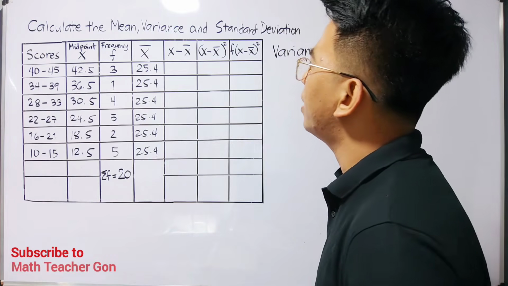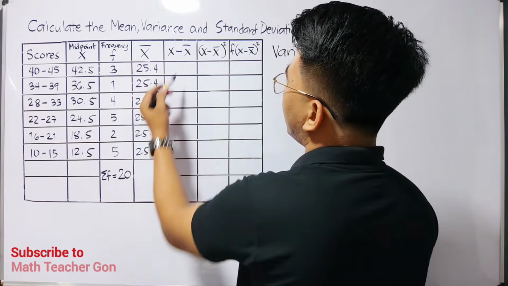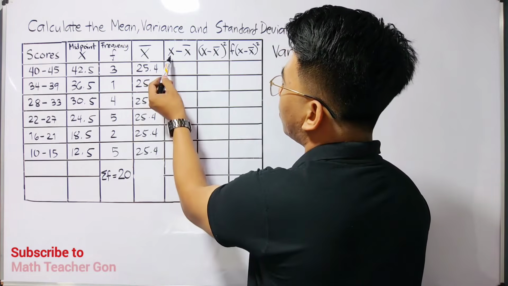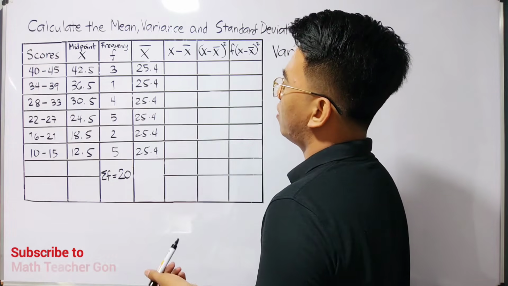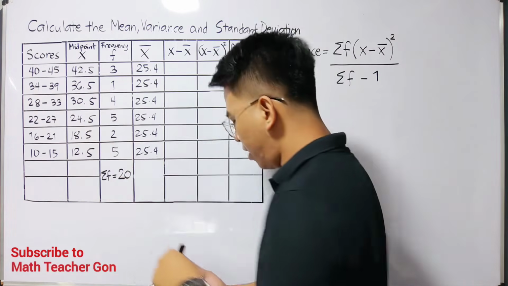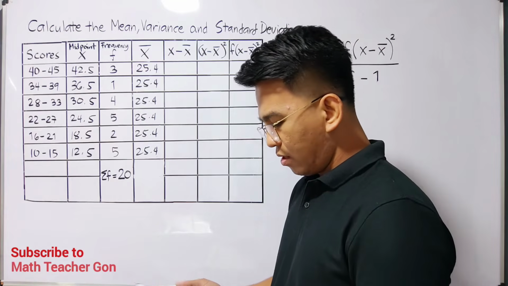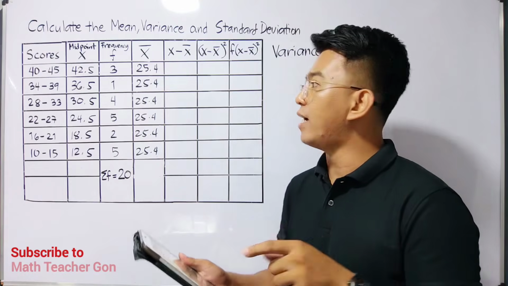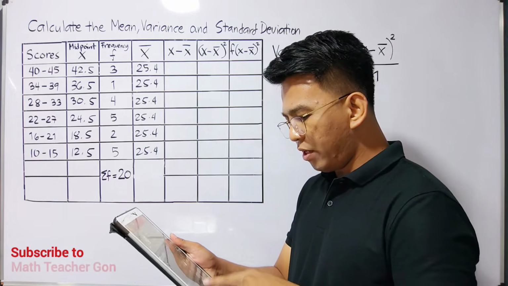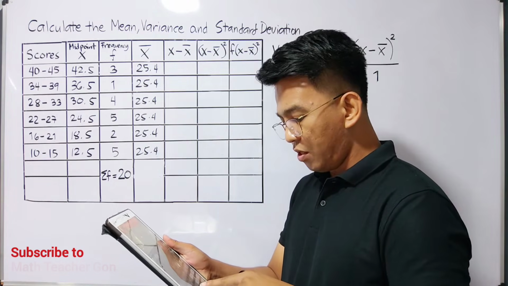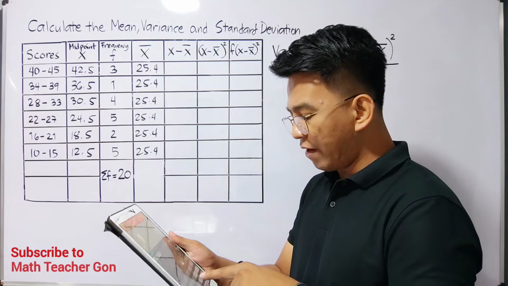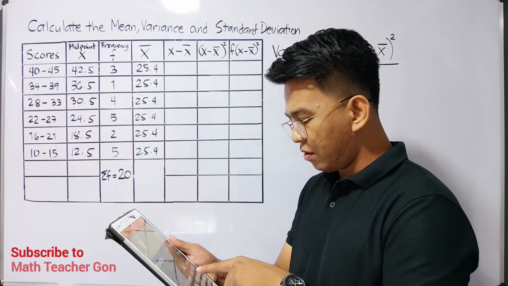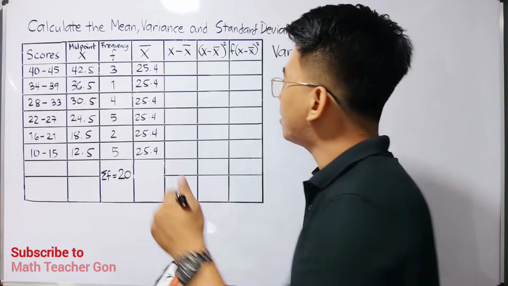So as you can see, we have x minus x bar. This means midpoint minus your mean. We have here the midpoint, which is, let me calculate. You can use your calculator, guys. We have 42.5 minus 25.4, and that is 17.1.